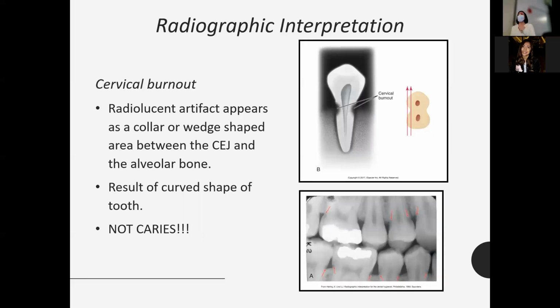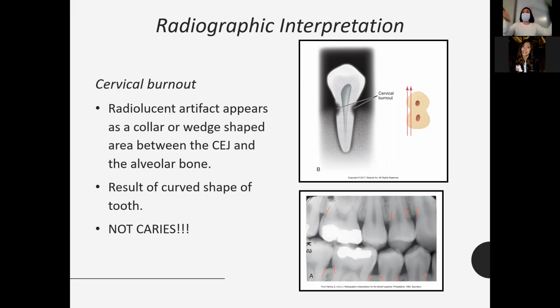So here's the cervical burnout. Cervical burnout happens on a tooth that has normal bone level. So that's the key to remember, it happens in healthy periodontium, healthy bone level. The reason you get it is, if you do a cross section of the tooth, so you wallop off the crown and then you look down at the root, you remember from your root morphology, your tooth anatomy, you have the root depressions.